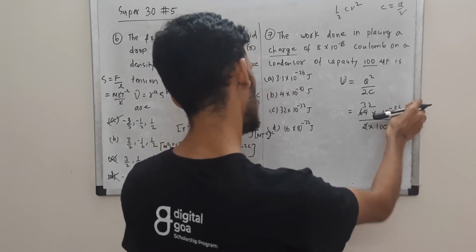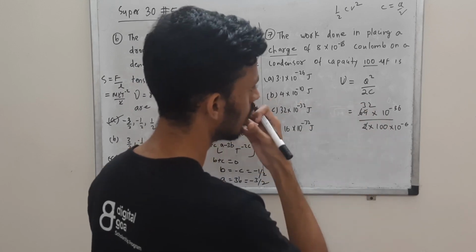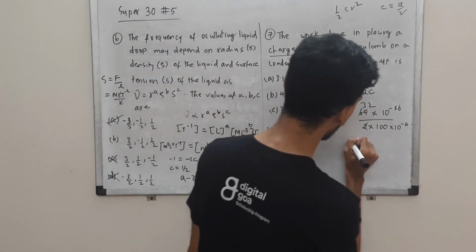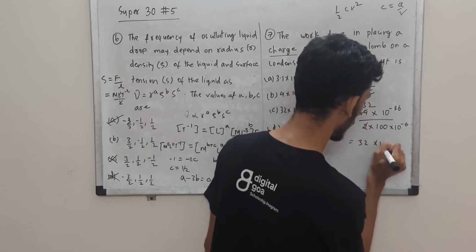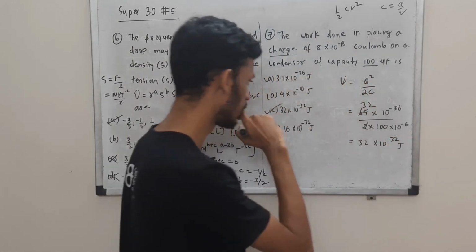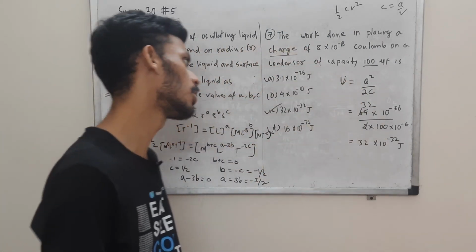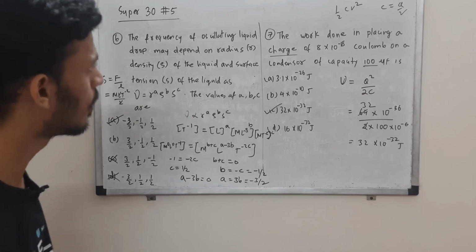So this 6 you can subtract, that will be 30, and this 10 again minus 2, 32, right? So 32 to the power 10 to the power minus 32, which is option C. Pretty straightforward. Work done is potential energy stored, so q square by 2c.